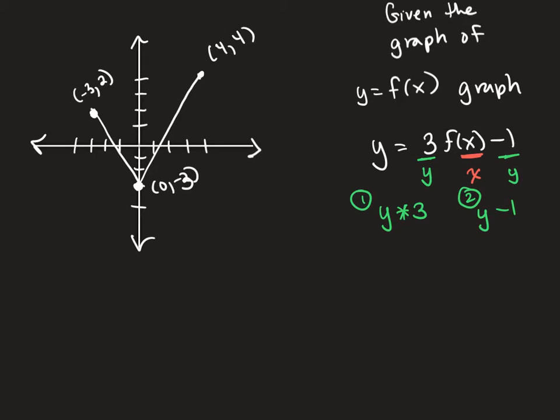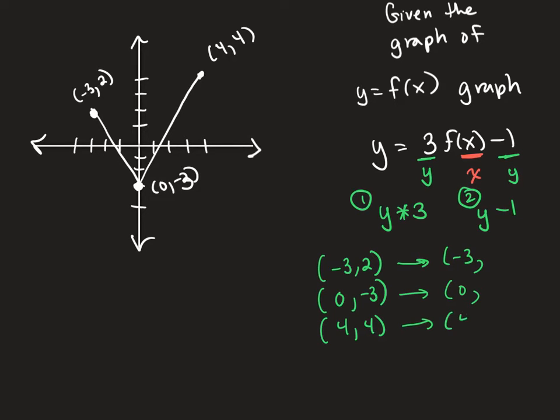So if I look at these 3 points, I have (-3, 2), (0, -3), and (4, 4). I'll keep the x's the same. They don't change, so they'll still be -3, 0, and 4. Now the y's will change.